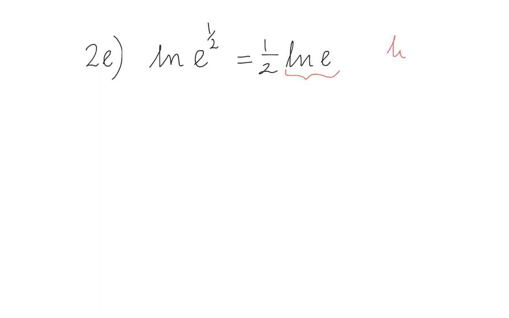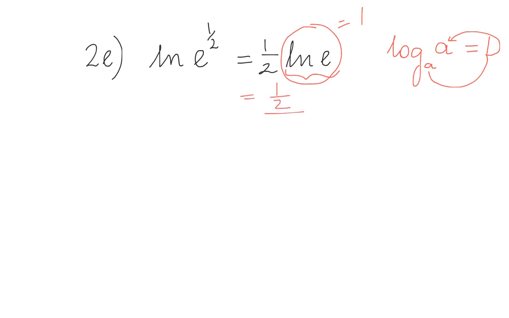Well, according to our laws, log base a of a is always 1, because only that number to the power 1 gives me exactly the same value under the log, which means that ln of e is also equal to 1. So this answer is just half times 1.